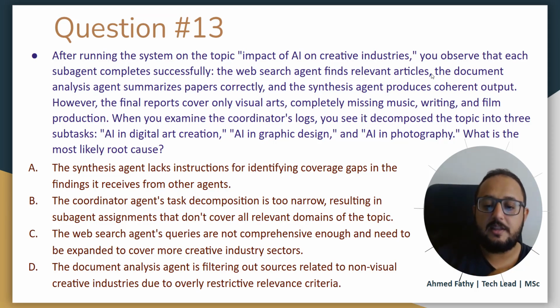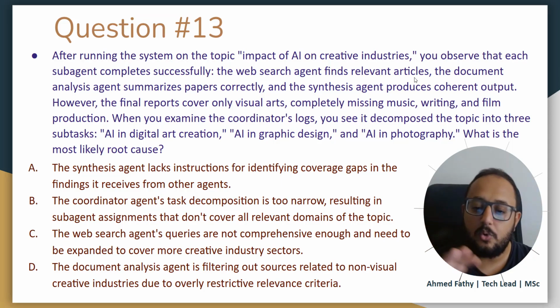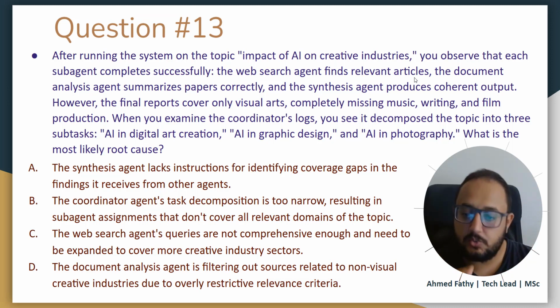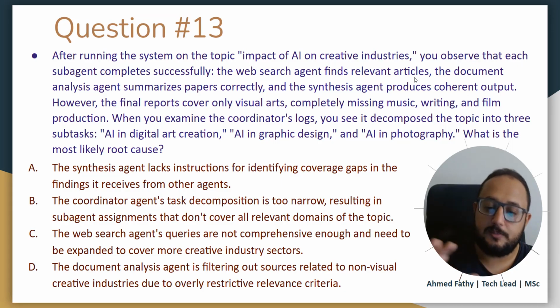So it is actually clear that the coordinator decomposed the topic of the creative industries into 3 different things, but all are roughly about visual stuff. So the problem is really in this decomposition. The problem is not in the reporter sub-agent or in the web search sub-agent.